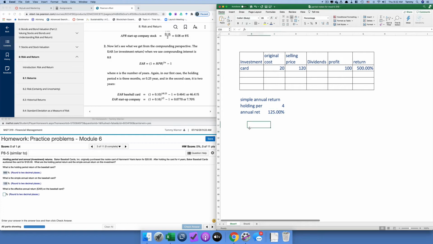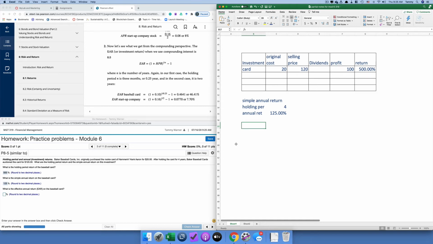Okay, so let's see if we can model that in Excel. So it's 1 plus the holding period return to the power of 1 over the number of years, minus 1. So let's just lay out each piece so that we can simplify our formula as much as possible.